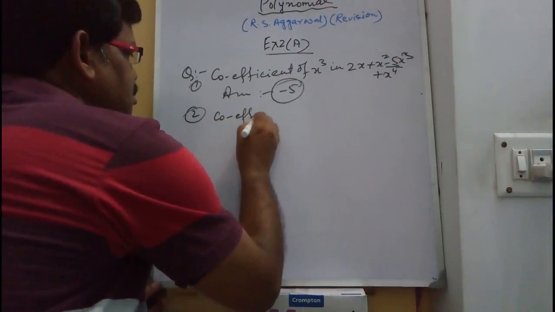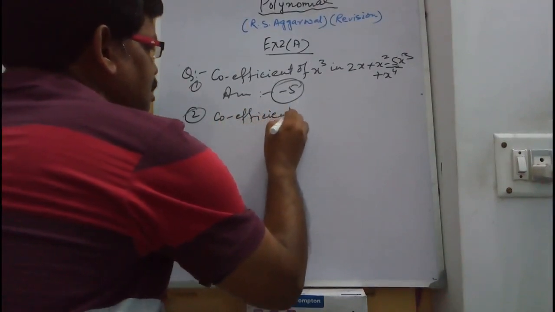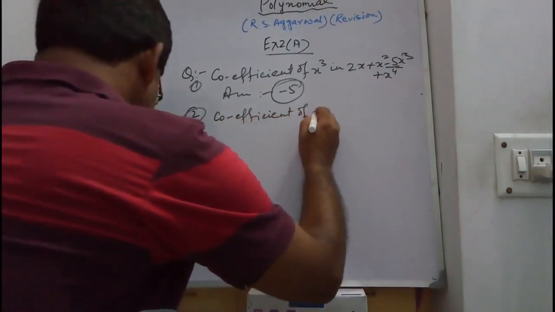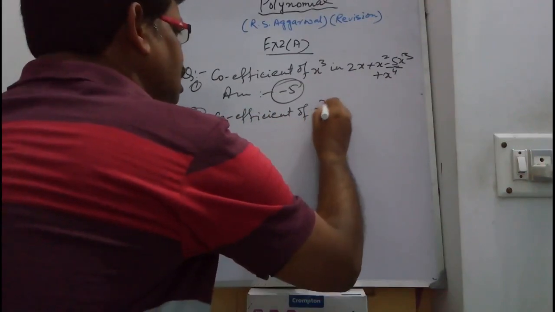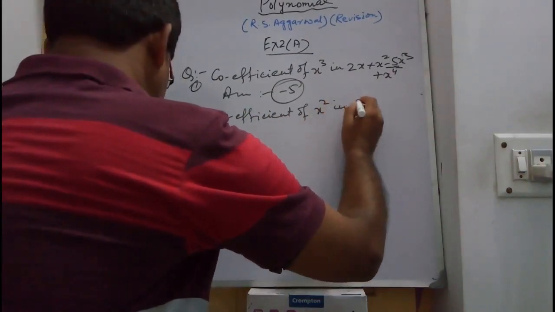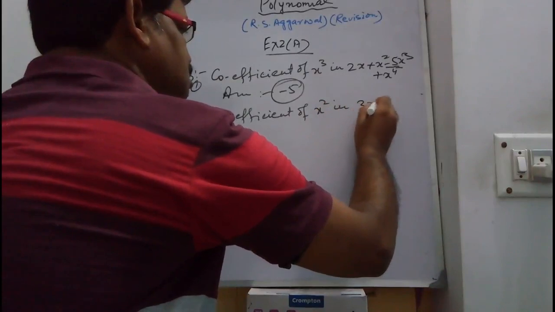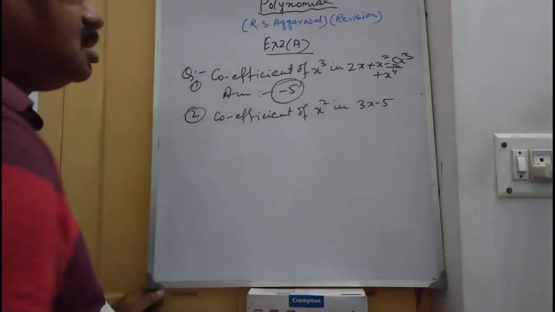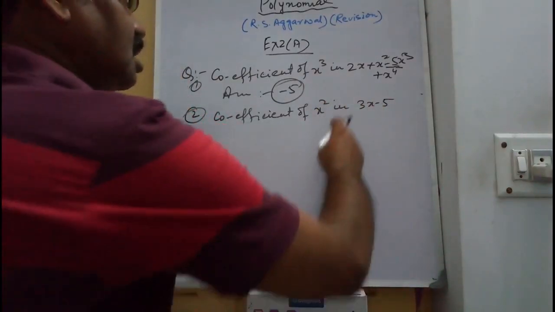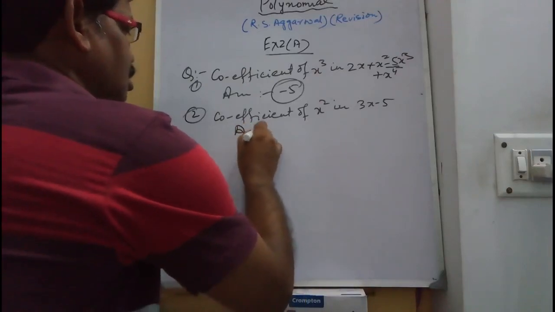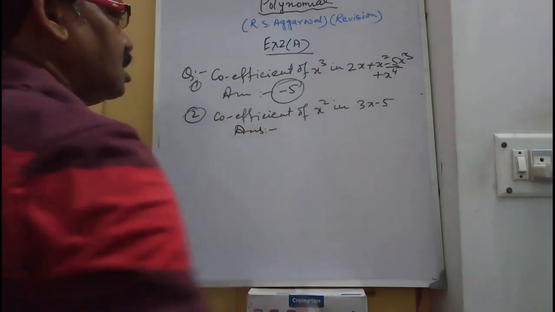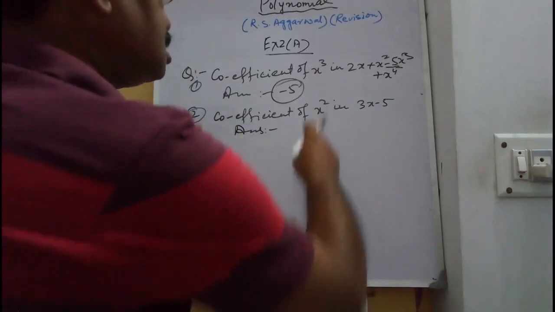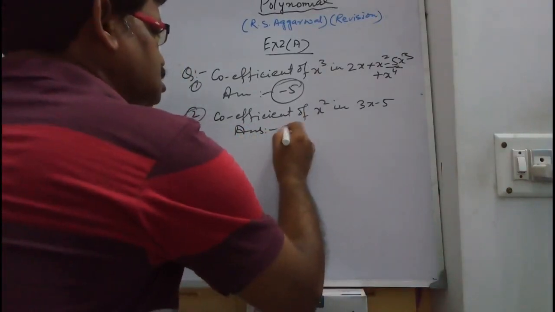Coefficient of x square in 3x minus 5. In this polynomial, no x square is present, but the question is to write the coefficient of x square. So answer is 0.